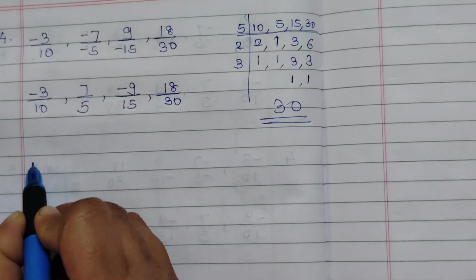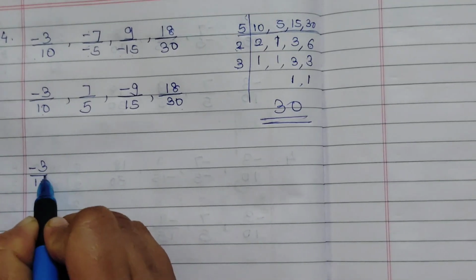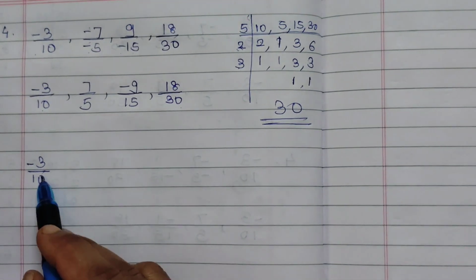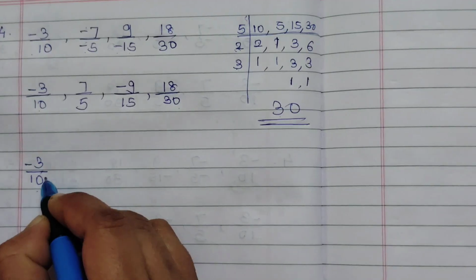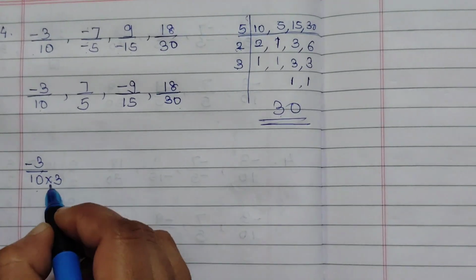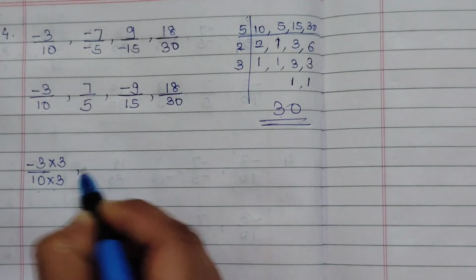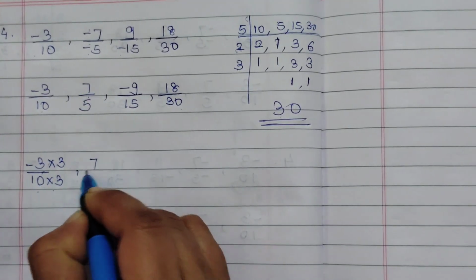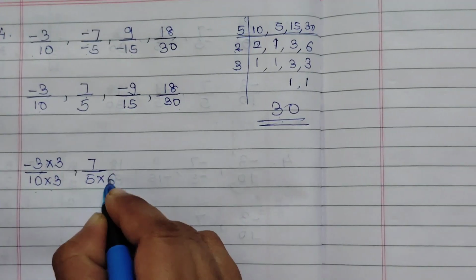So let's see. First I will write minus 3 upon 10. In the denominator I want 30. So 10, how much makes 30? 10 3s are 30, right? So down I multiplied by 3, up also will multiply by 3. Next 7 upon 5. 5, how much makes 30? 5 6s are 30.